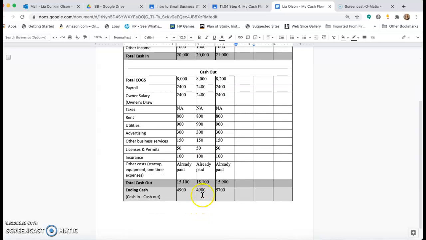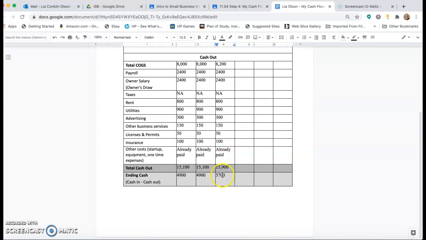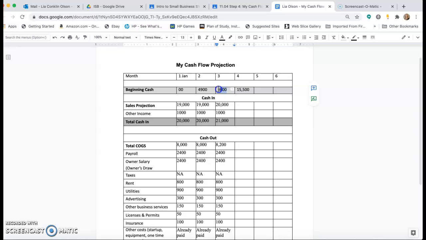I am taking this number and it gets added to the previous month and it becomes my new beginning cash. Maybe I'm going to make a little bit more money this month, I think, if I keep growing.